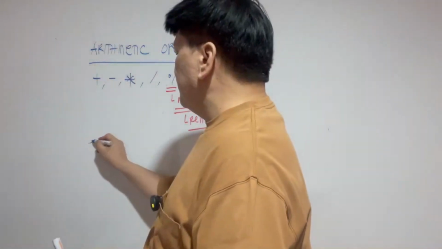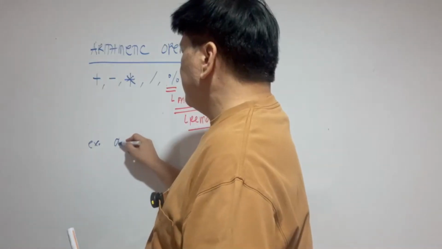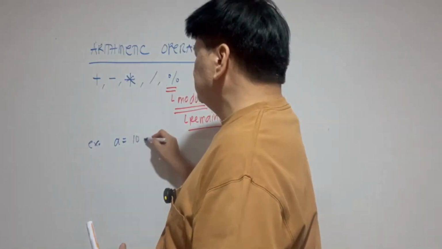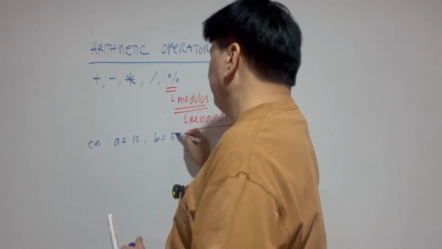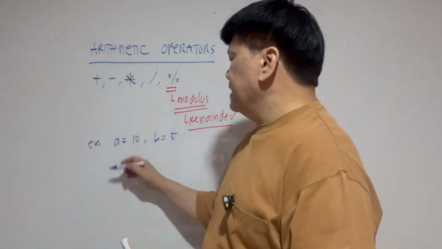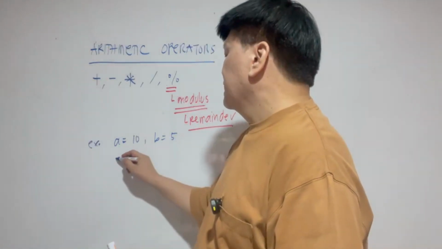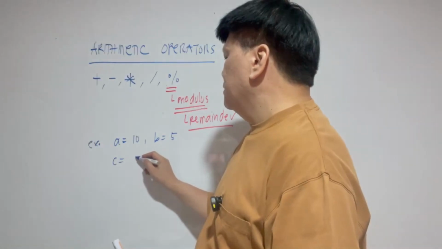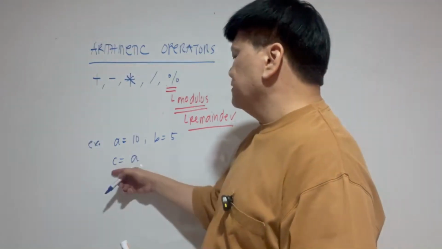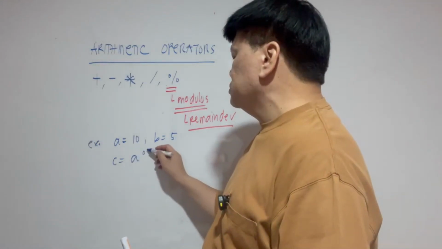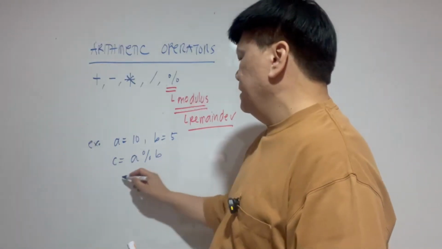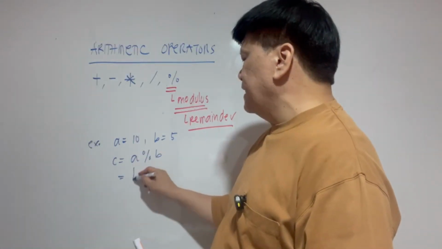Let's say A is equal to 10, B is equal to 5. Then let's have C is equal to A modulus of B. So what is A? 10.